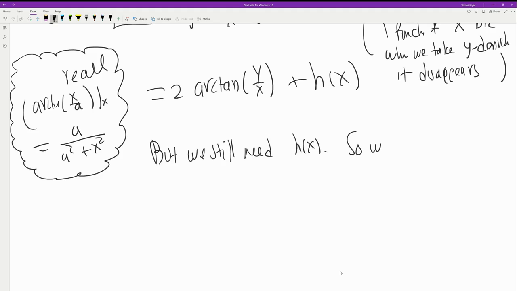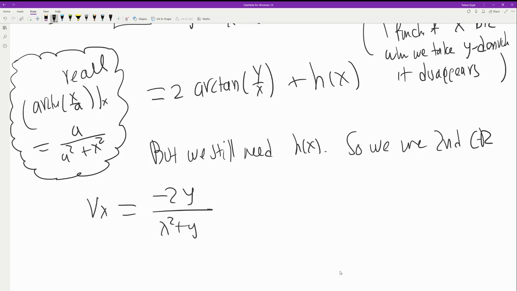So we use the second CR equation. So we have minus v x is equal to what? Or let me write like this. So v x is minus 2y over x squared plus y squared plus h prime of x.